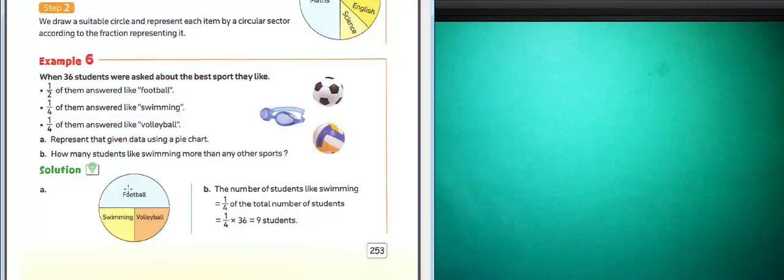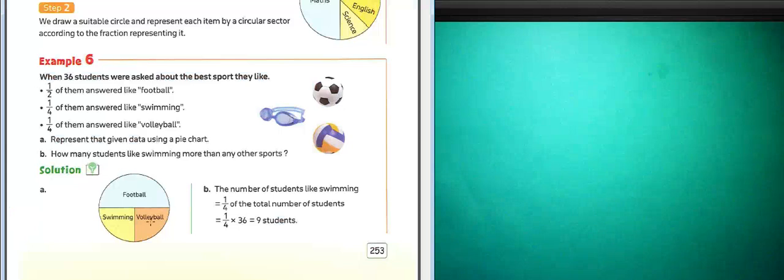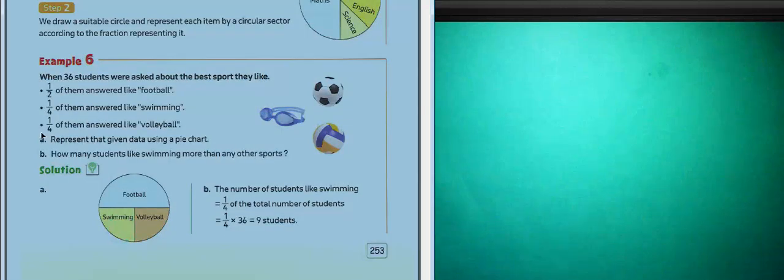Example number 6. When 36 students were asked about the sport they like best, half of them answered football. We can draw a circle and divide it. This half likes football, a fourth likes swimming, and a fourth likes volleyball.